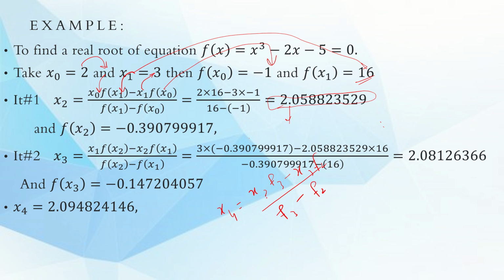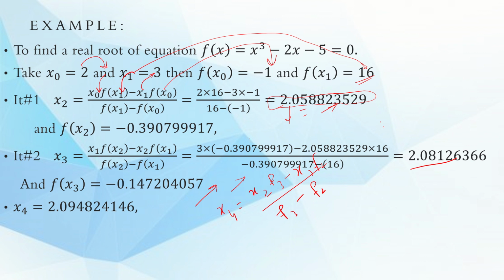Now putting in these values: this is our x2, whereas x3 is this value, this is f of x2, which is f2, and this is our f of x3, sorry, f3. Then we put the values in to get the next value.